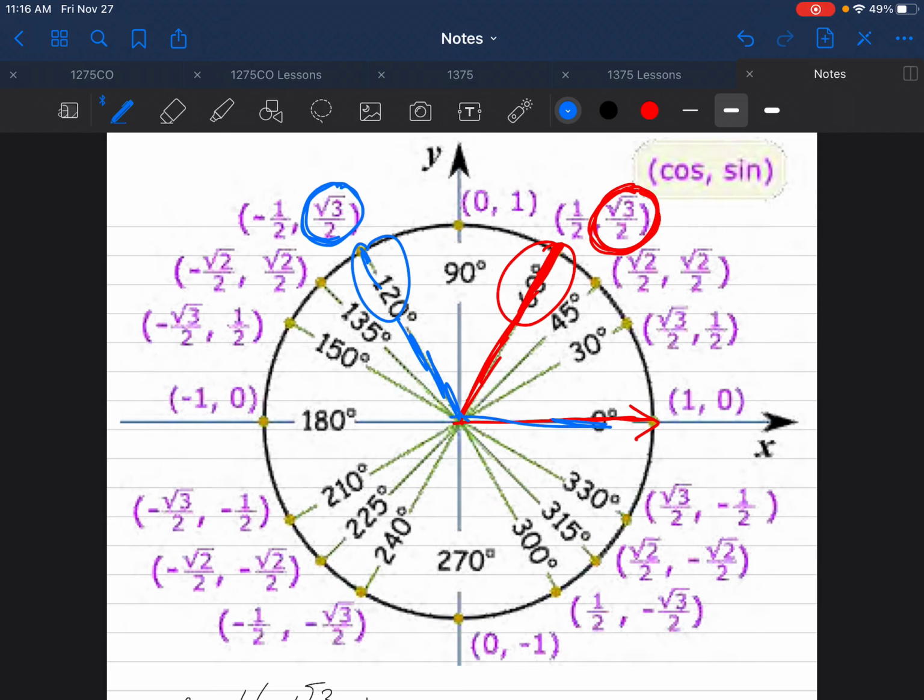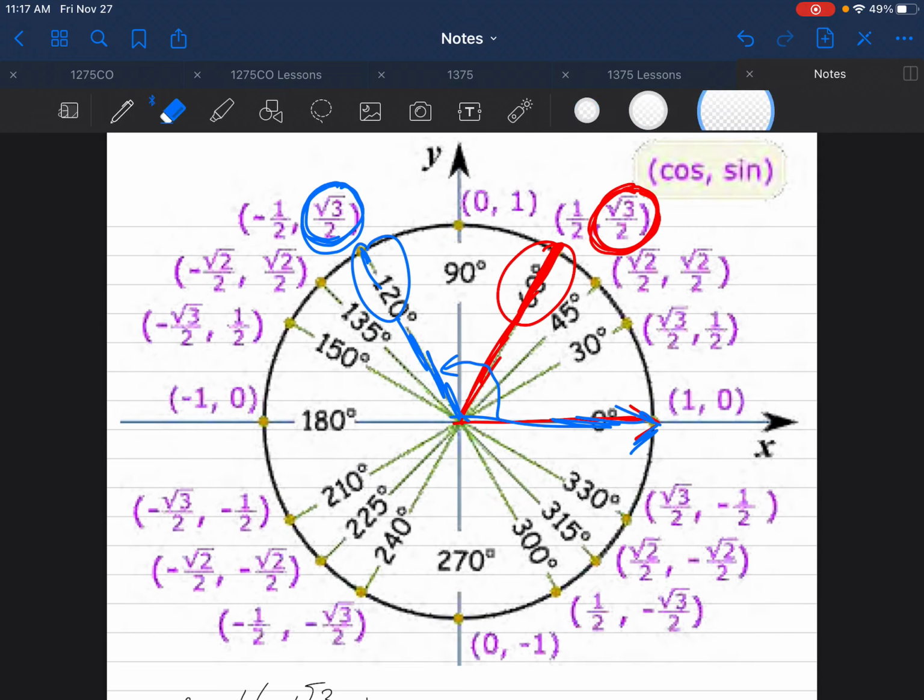So this angle starts at the same place as before, the positive x-axis, but swings over to 120 degrees, past 60, past 90, stops at 120. That means the sine of 120 is going to have the same value, radical 3 over 2.